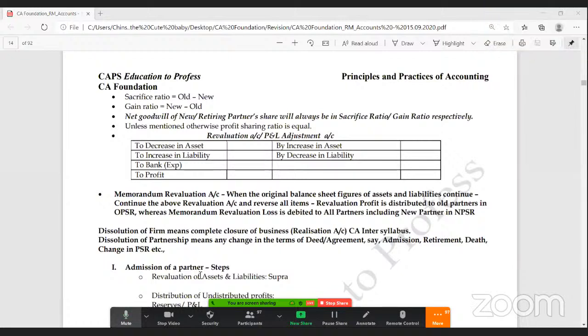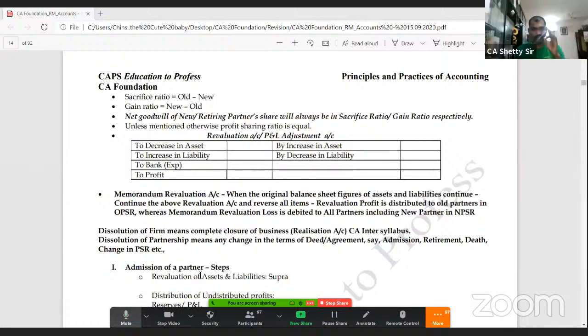Now all of you write in the notes book: balance sheet extract, a simple conceptual problem. Balance sheet extract means part of the information. Do it like this: balance sheet extract of XY and Company.